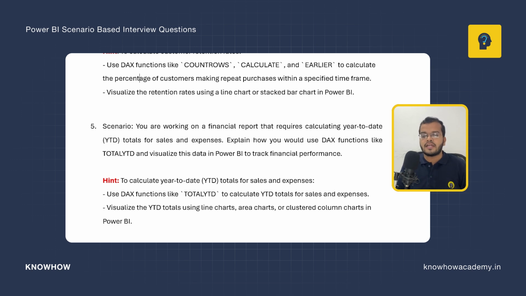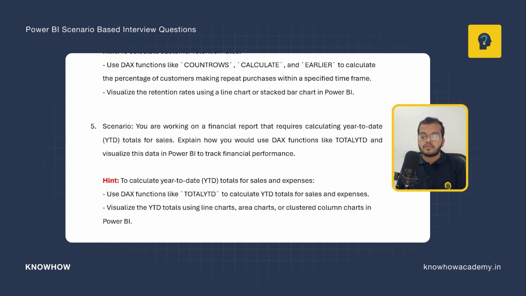You are working on a financial report that requires calculating year to date sales and expenses. Okay, let us not talk about the expenses, let us talk about the sales. We are working on a data set where we need to calculate YTD, year to date sales. So how would we find it out using a DAX function, and what kind of visual are you going to choose in order to show this solution in Power BI?